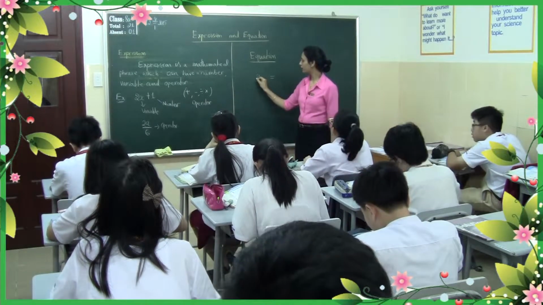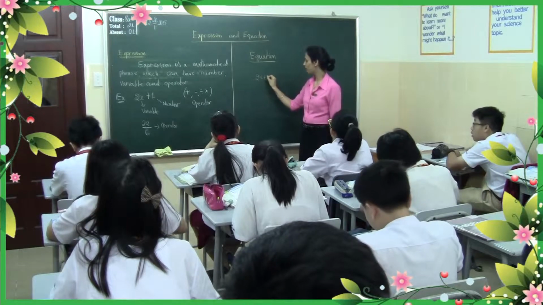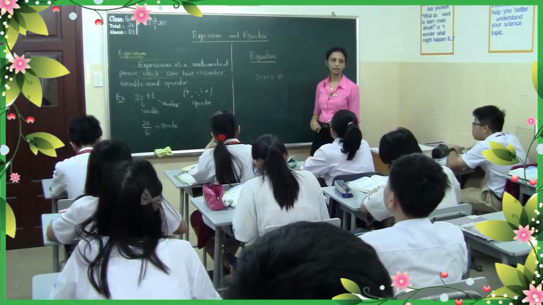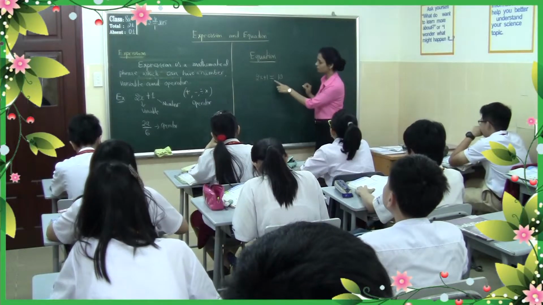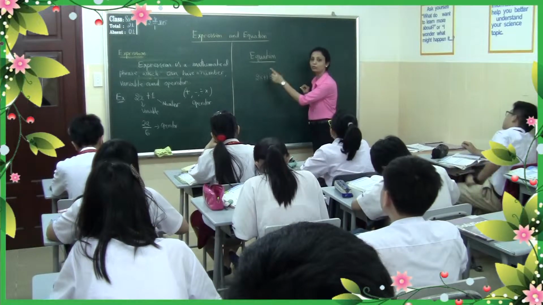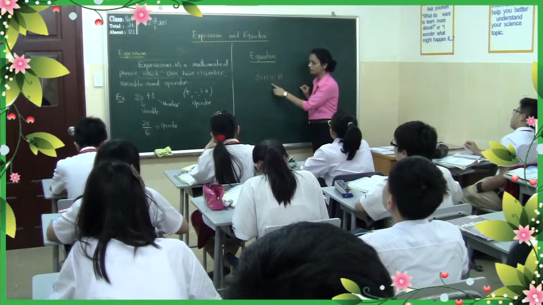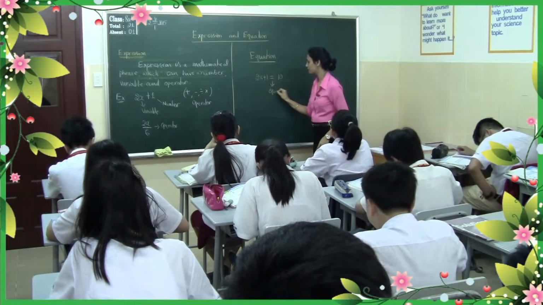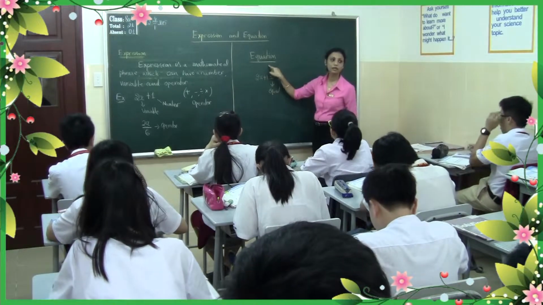So if I make it 2x plus 1 equal to 10, it is an equation. Because of this equal sign, this expression turns into an equation. This equal sign makes all the difference between the expression and the equation.